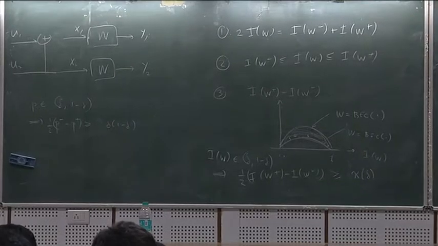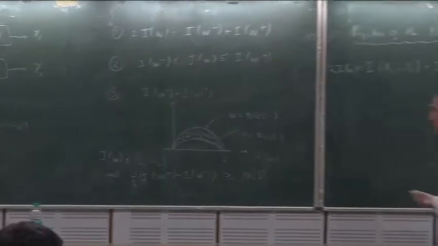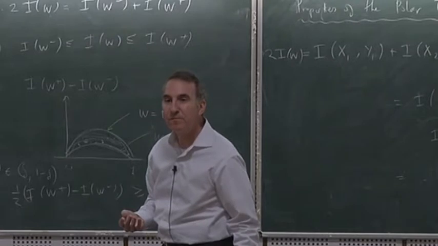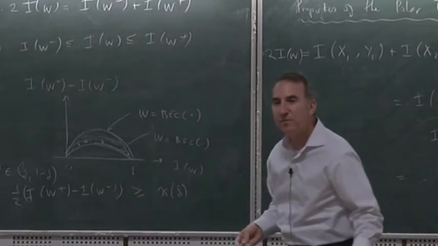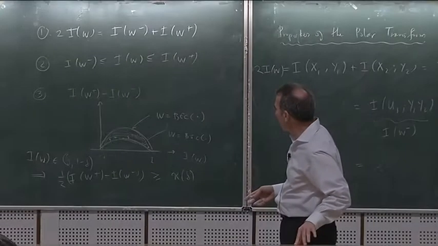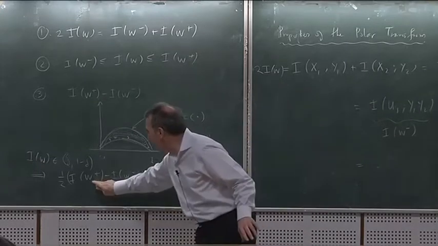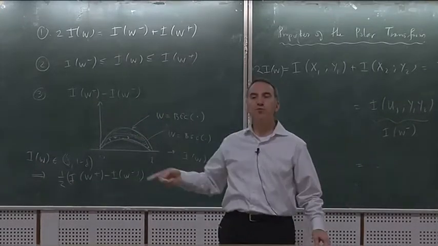I'm not sure why I call this kappa, but anyway. This term here is W plus, because it has the bigger mutual information.